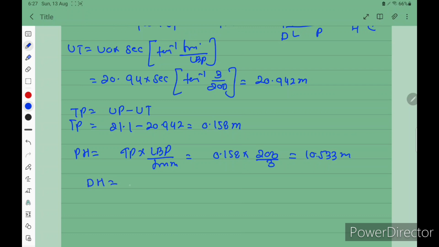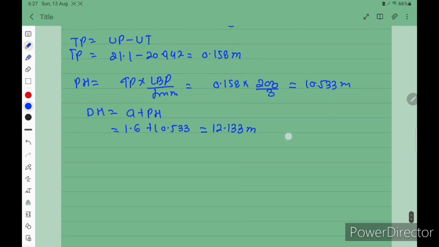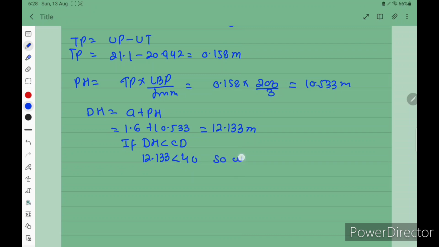So DH is equal to A plus PH. A is equal to 1.6 plus 10.533, so we get 12.133 meters. So if DH is less than CD, so DH we have 12.133 and CD we have 40 meters. So that means DH is less than CD, so a wedge is formed.